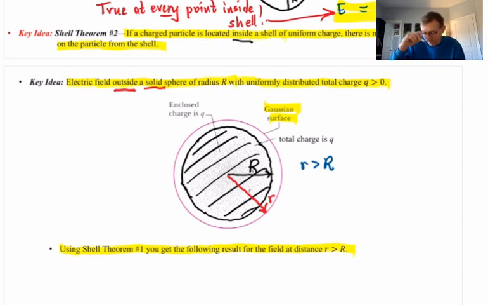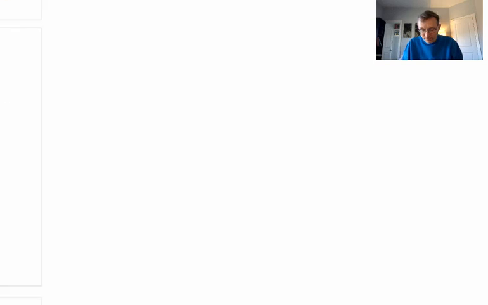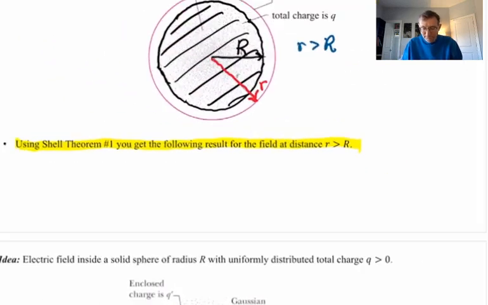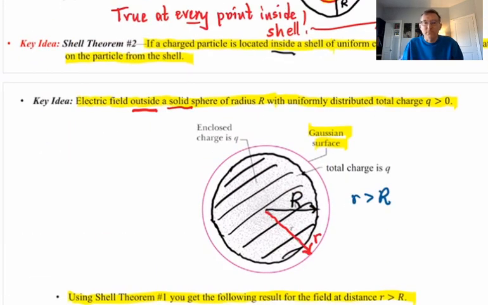You do a thought experiment. You imagine breaking up, dividing up the solid sphere into an infinite number of infinitesimally thin, nested, spherical shells. I'll draw one of them.